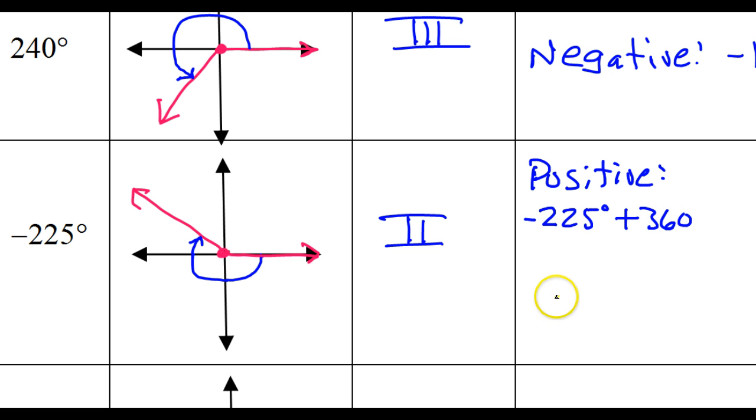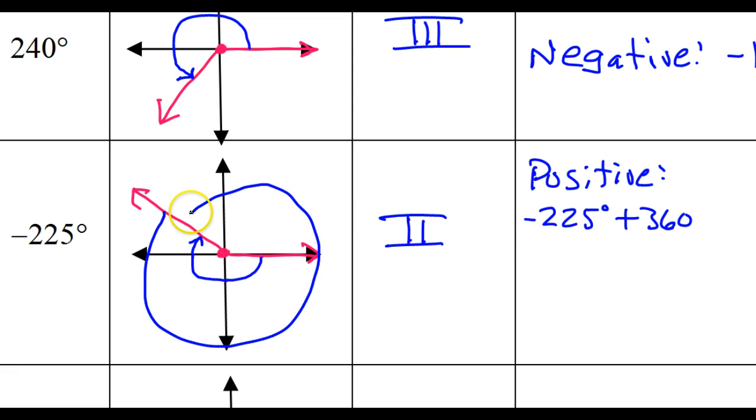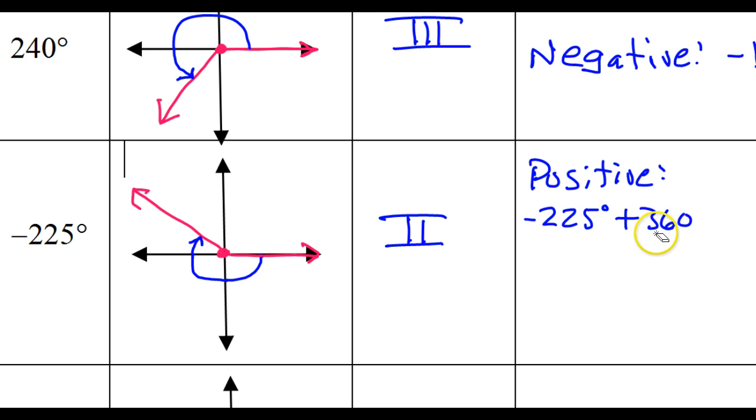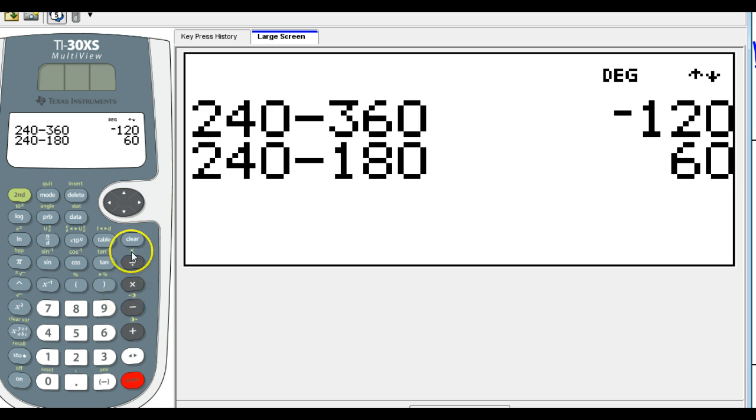That's going to give me a positive coterminal angle, because that would be like starting here and going 360 degrees. That's going to put me back to where I started from. Okay, so it'll be coterminal. So just add 360 if you want a positive coterminal angle.